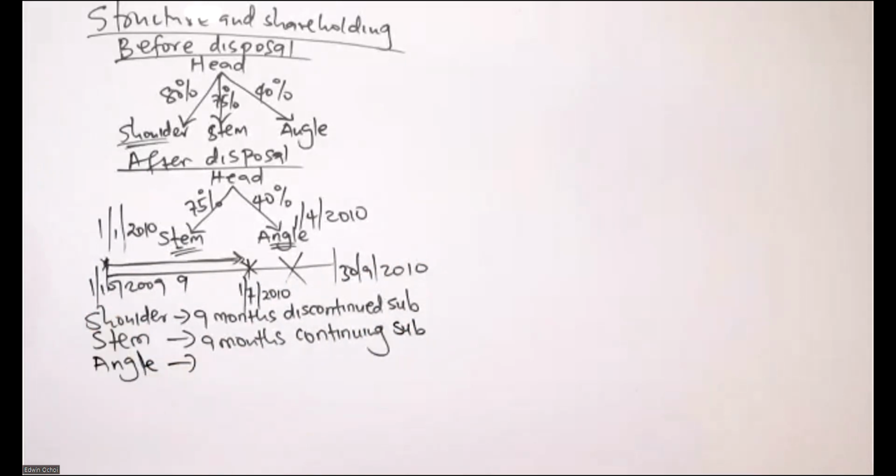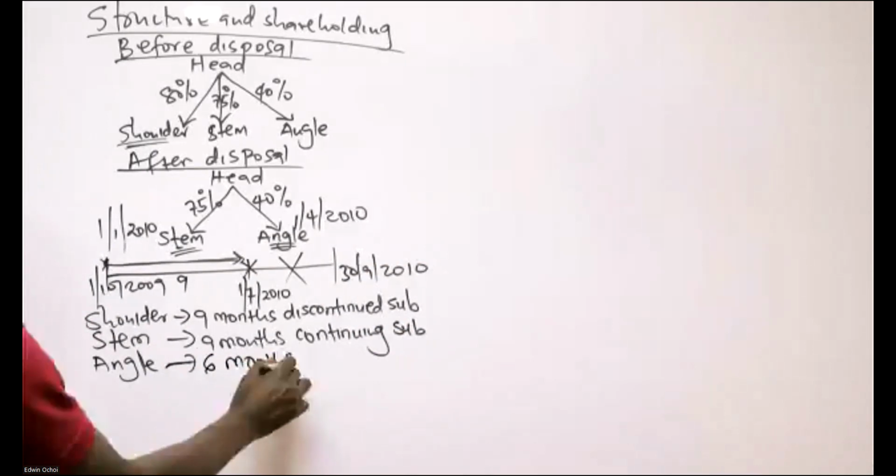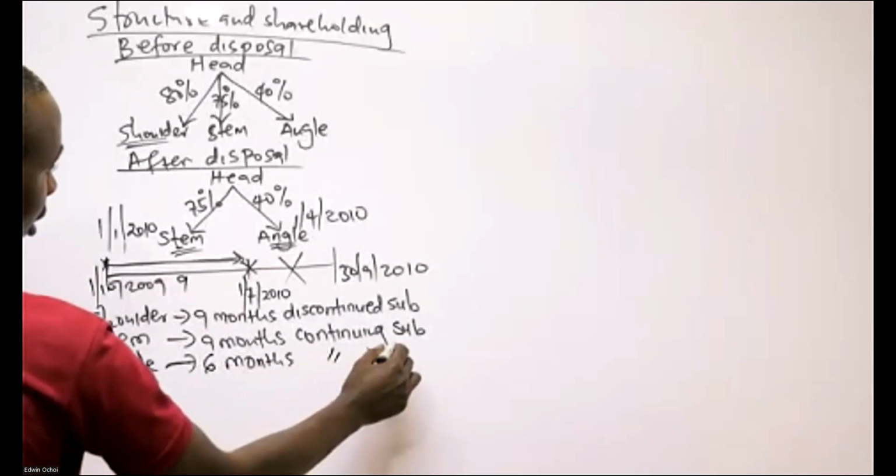Anyway, we're not concerned about the English. We're concerned about understanding how you do these computations. From April to the end of the year, how many months are those? 6. So 6 months continuing associate.